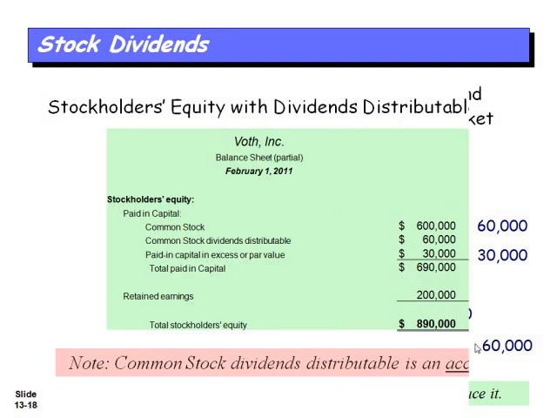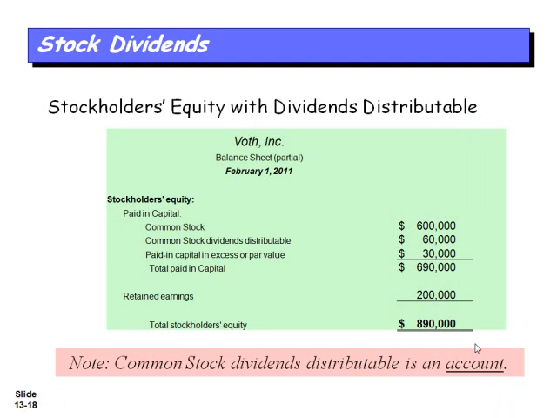So let's look at the after picture with stock dividends. We have common stock of 600,000. The common stock dividends distributable is 60,000.